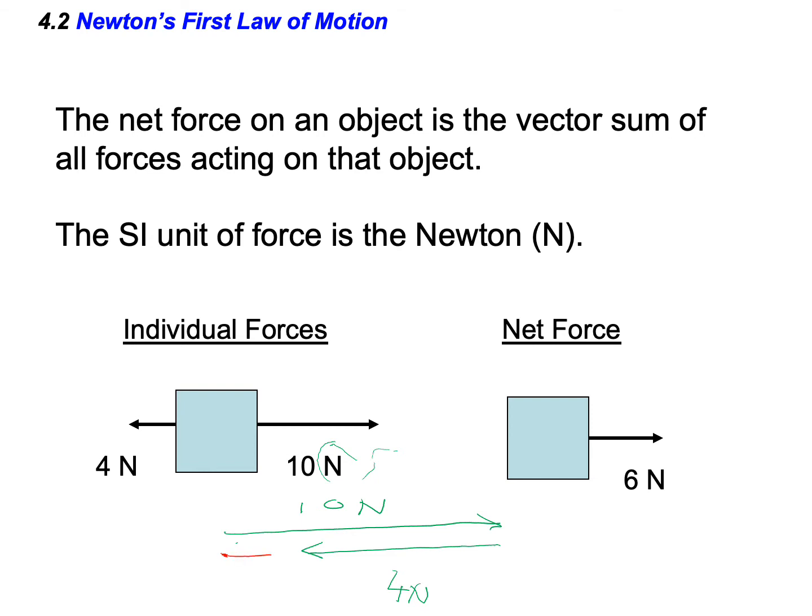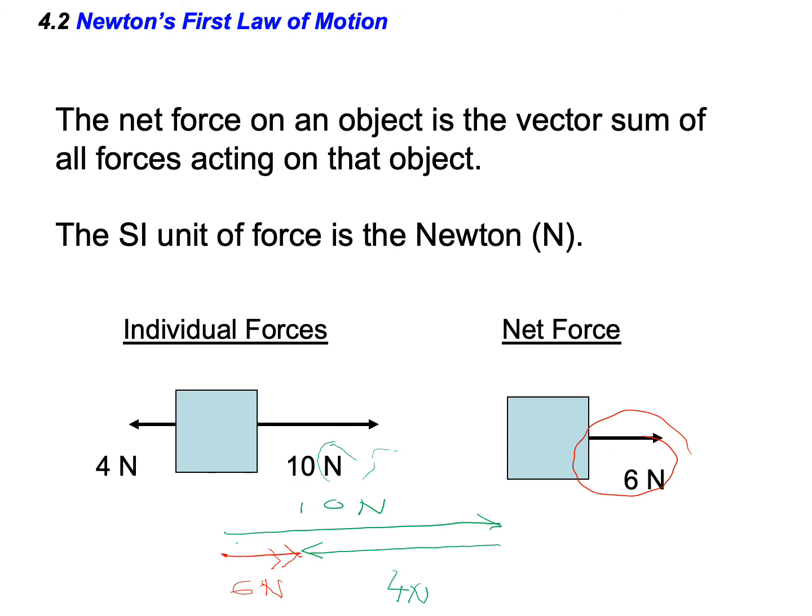I didn't draw it to scale. So 6 Newton. This is your net force. So you can draw it to a scale, or you can estimate, or you can calculate the magnitude of the net force, or resultant.